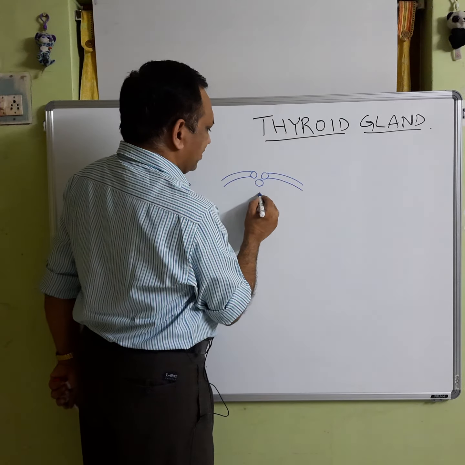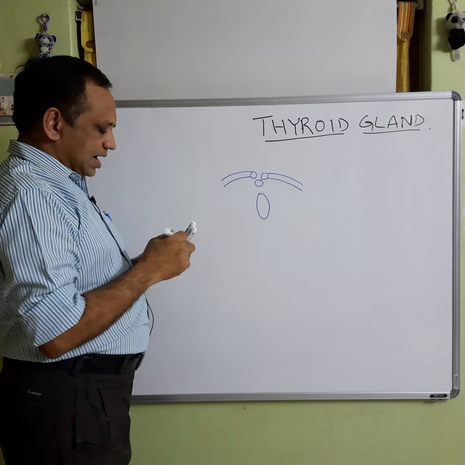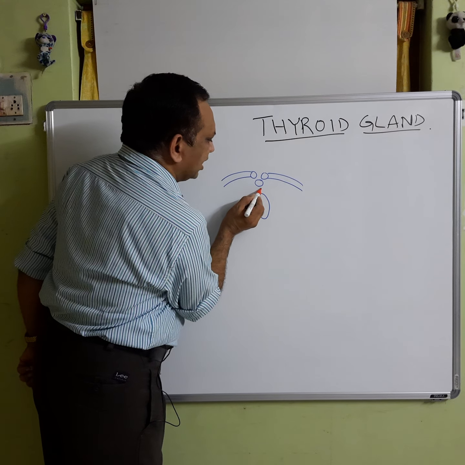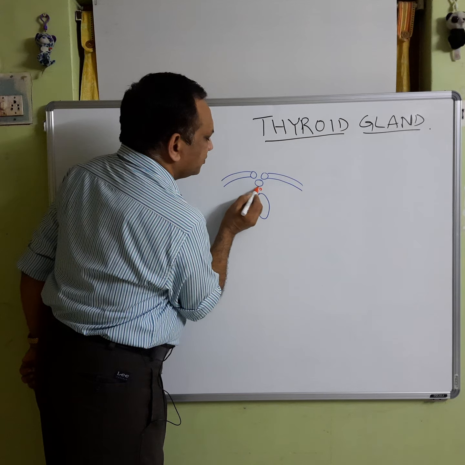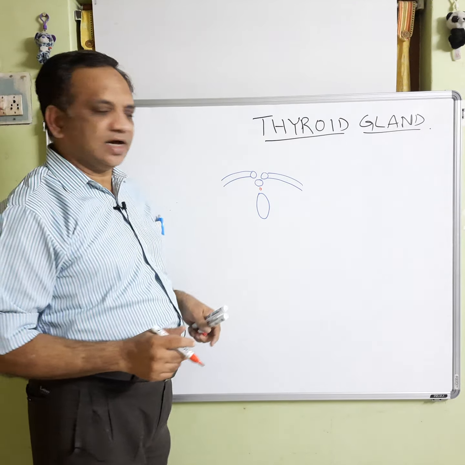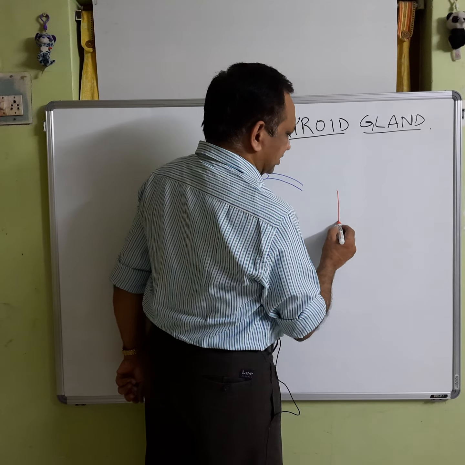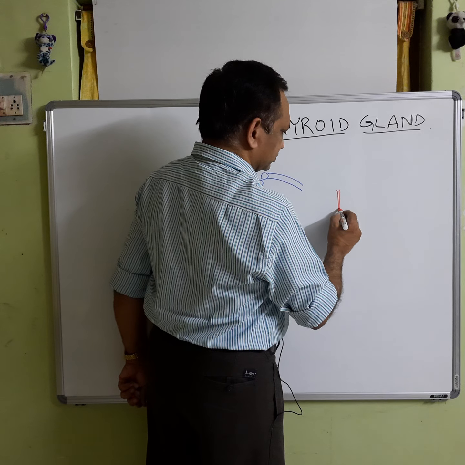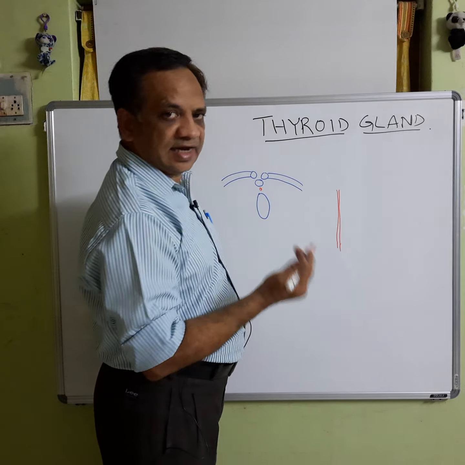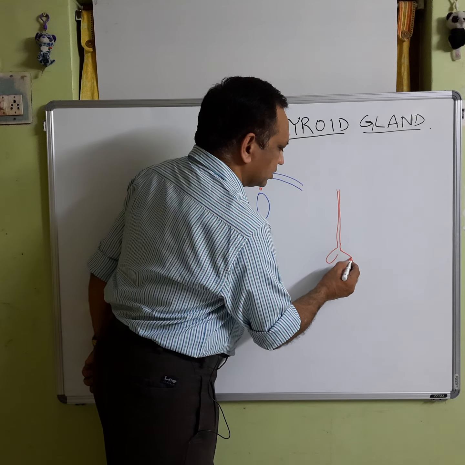Then we have a hypobranchial eminence here, and dorsal to this tuberculum impar, a small elevation is formed, which gradually evaginates through the substance of the tongue, forming a thyroglossal duct like this. When it reaches the level of the trachea, it divides into two lobes like this.